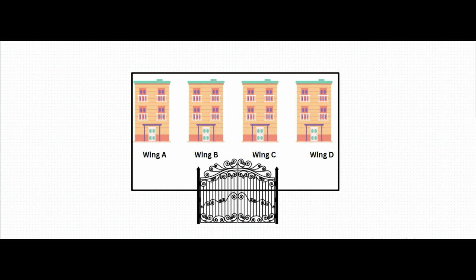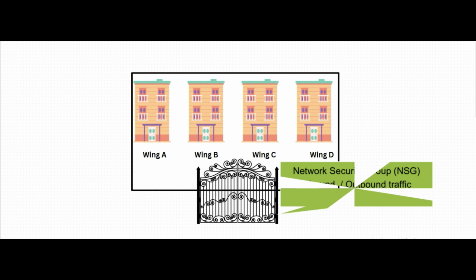The housing society has a main gate. So assume to enter this housing society there is one main gate. The gate acts as a network security group. We call this gate a network security group, which controls who can enter the society, for example inbound traffic.